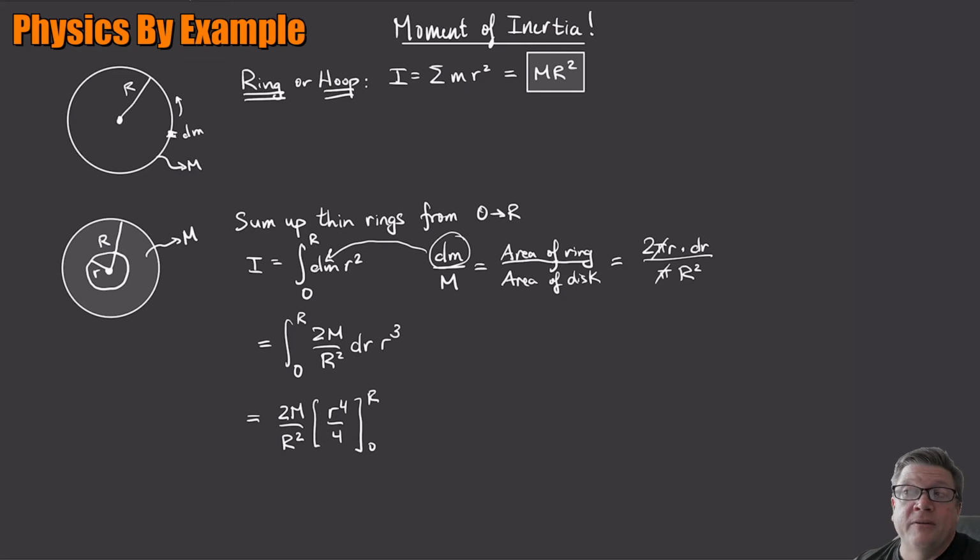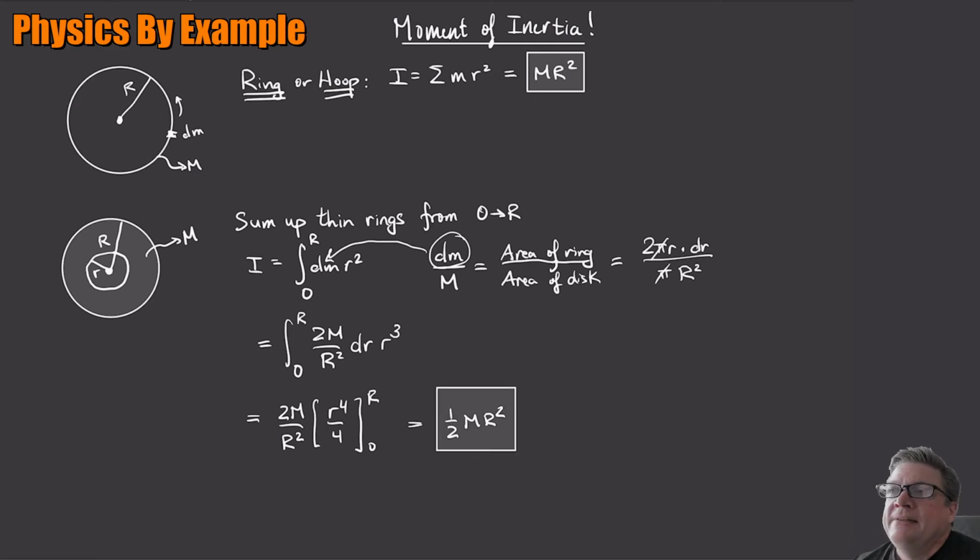When I put in 0, I get nothing. When I put in big R, r to the 4th, two of those cancel with the R squared in the denominator. So you probably already see what you get: 1/2 MR squared. Neat.